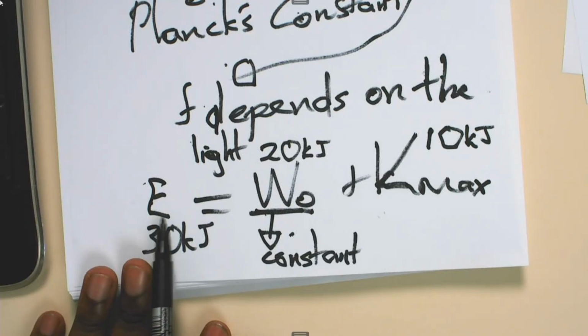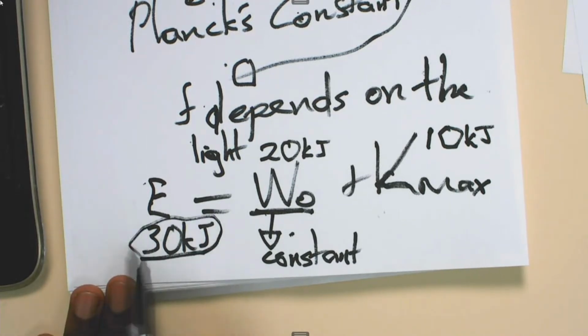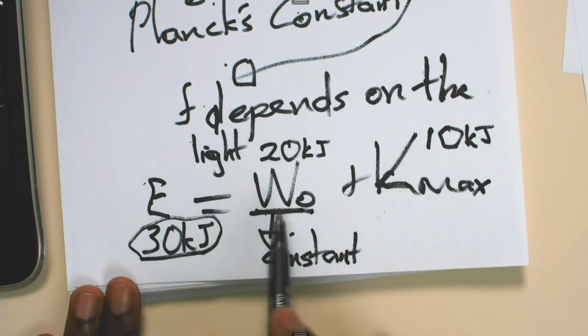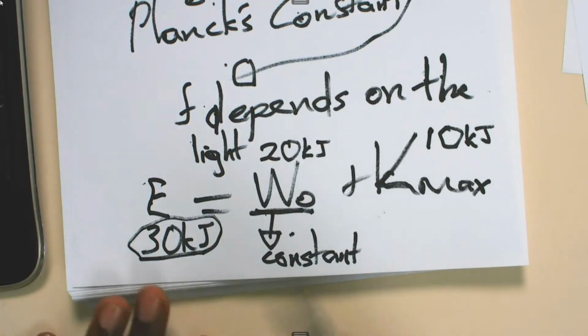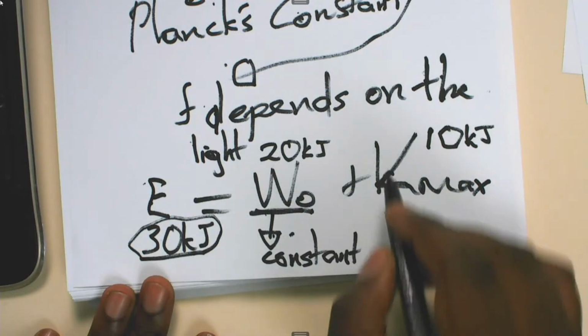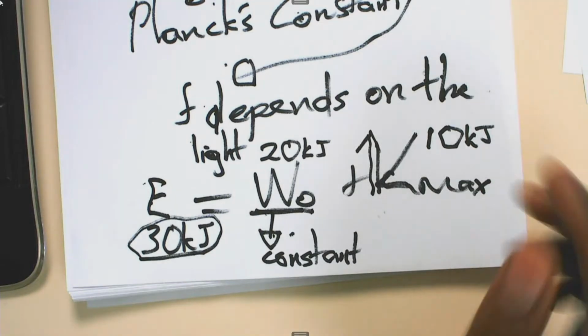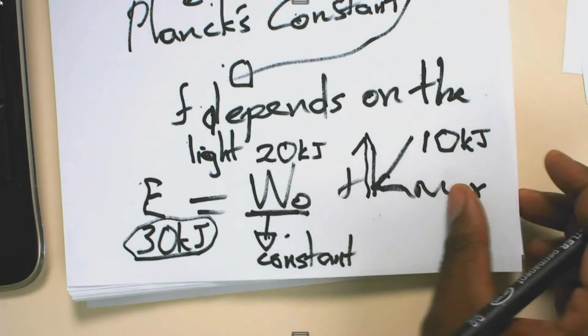Because once you use light of a higher frequency, it means the energy of the photon will do what? It will increase. But the work function will remain the same since we are using the same metal. And then at the end, the kinetic energy of the photoelectrons will do what? It will increase. That is very, very important that we understand. Okay.